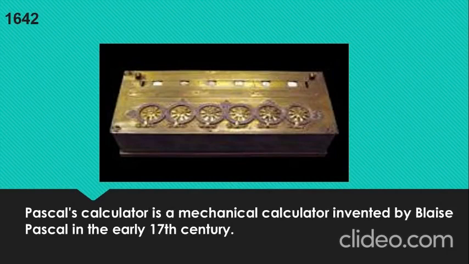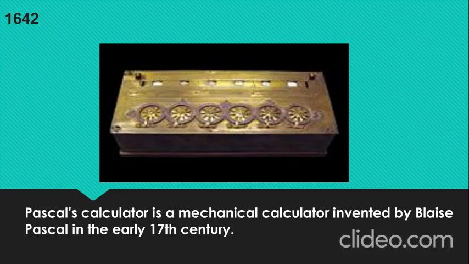Pascal's calculator is a mechanical calculator invented by Blaise Pascal in the early 17th century. It has 8 movable dials to add numbers up to 8 figures long. Pascal's device used a base of 10 to accomplish this.